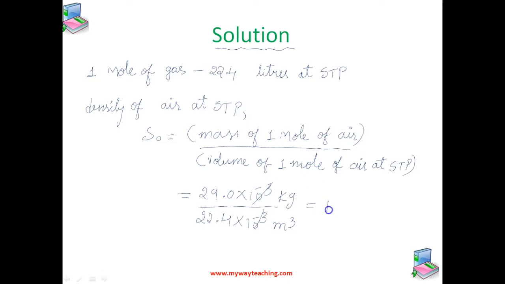So we get 1.29 kg per meter cube. This is the density of air at standard temperature and pressure.